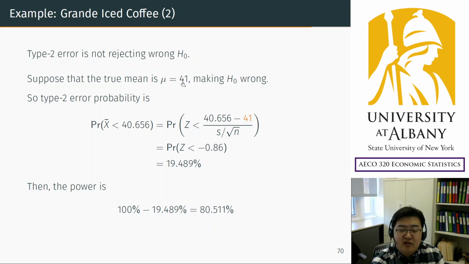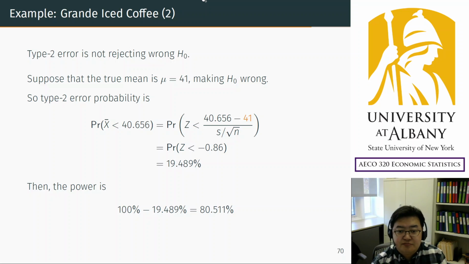So when the coffee was actually 41 degrees, that means the null hypothesis is wrong, and the type 2 error probability can be calculated. Somehow, by random error, your sample average temperature is lower than 40.656 degrees, your critical value.